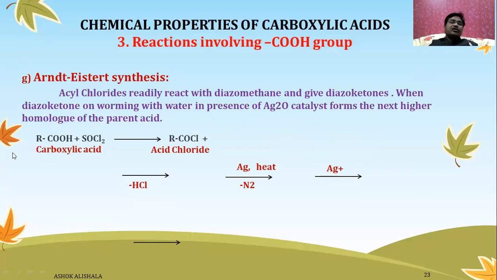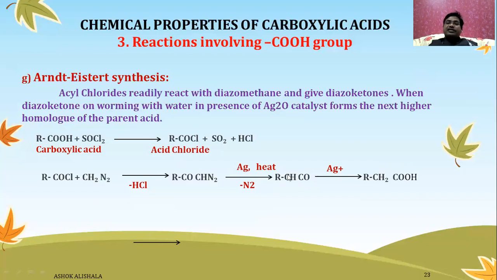For example, RCOOH, a carboxylic acid, when treated with thionyl chloride gives an acid chloride. And this acid chloride, when treated with diazomethane, first gives what is called the diazoketone. On heating in the presence of silver, you will get a ketene.